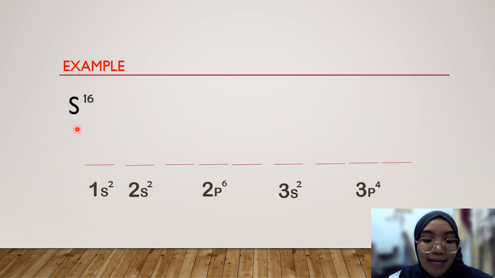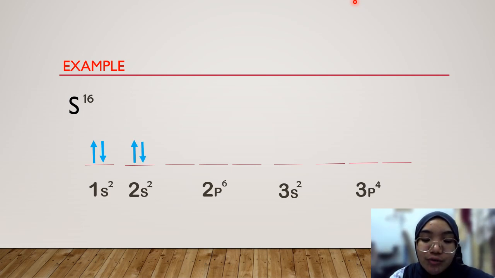So this is the 1s energy level, this is the 2s energy level, this is the 2p energy level, which always has 3 orbitals: 1, 2, 3, and this is the 3s energy level, and this is the 3p energy level. What we want to do is fill each orbital from the bottom all the way to the top. So the first orbital has 2 electrons and we need to put opposite spins, same with 2s.